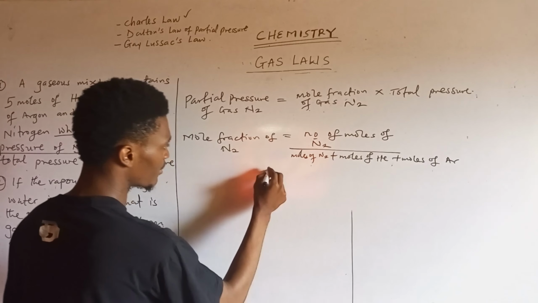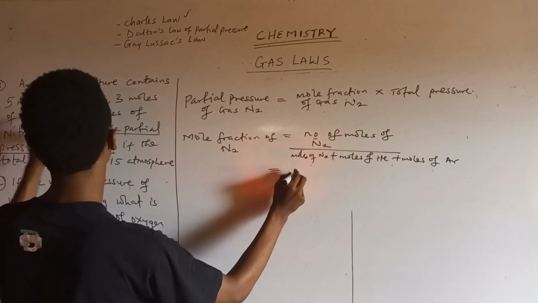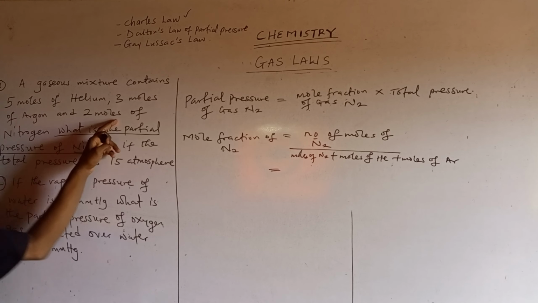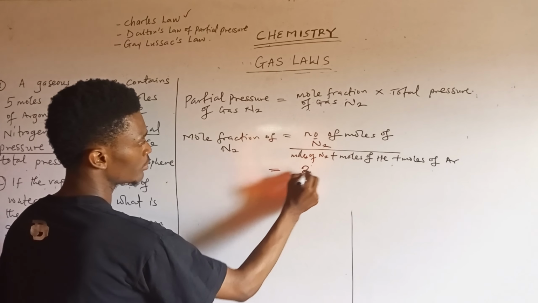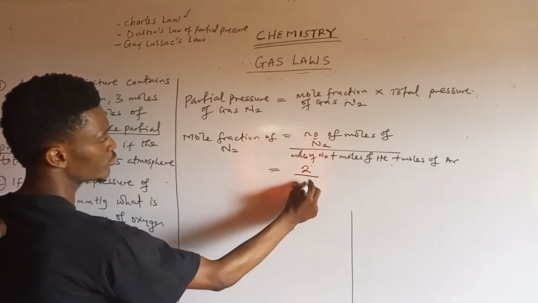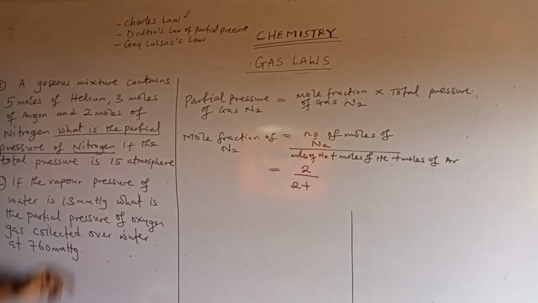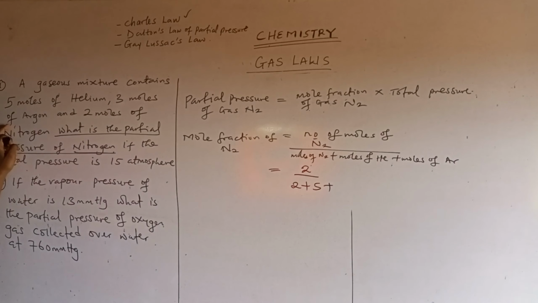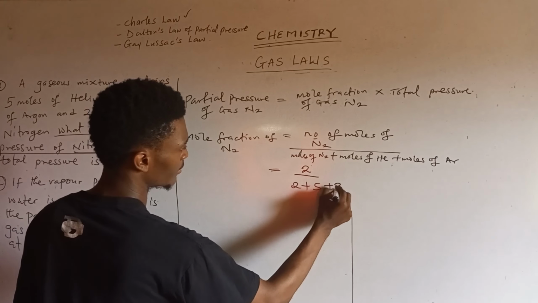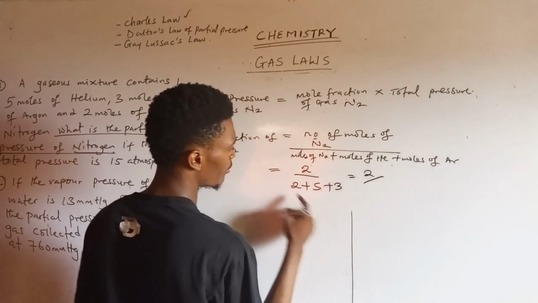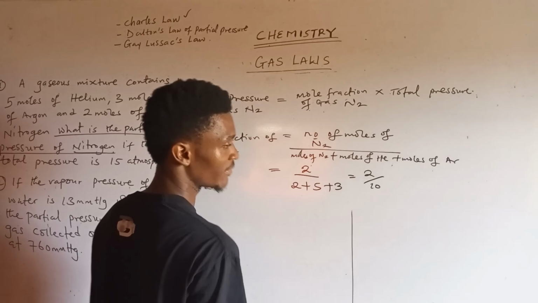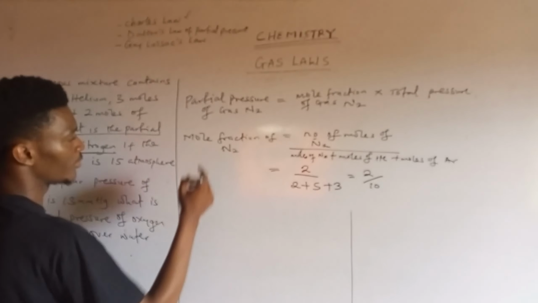So when we do that, the number of moles of nitrogen is given to be 2 moles. So 2 over 2, which is still the same as nitrogen, then for helium it is 5, so 5 plus the moles of argon, which is 3. So it becomes 2 over, this is 7, this is 10. And that's 1 over 5 if you reduce.